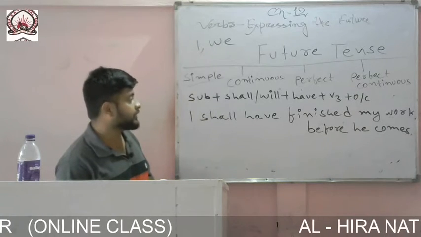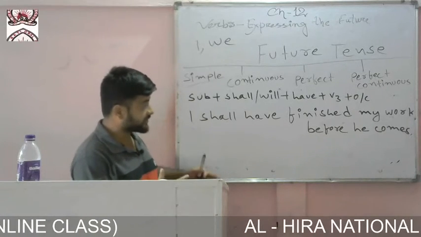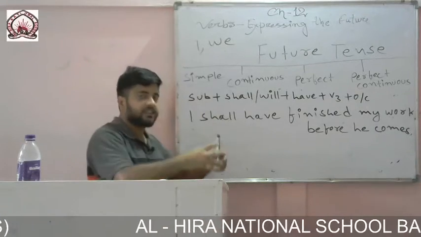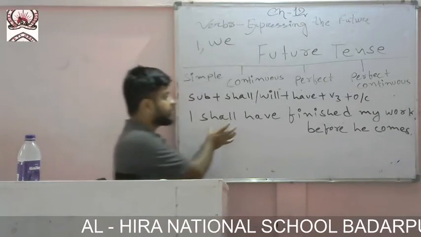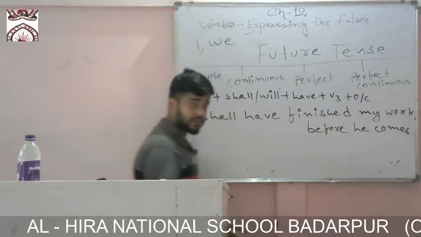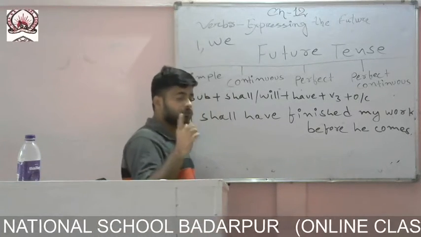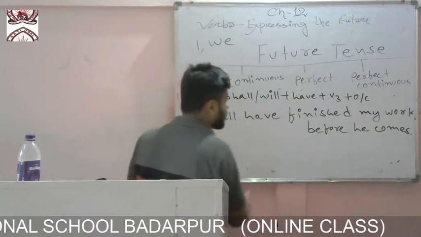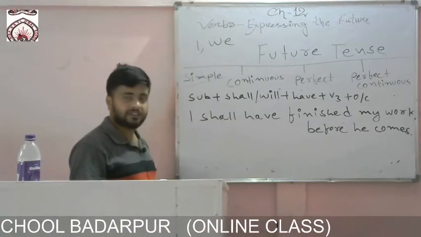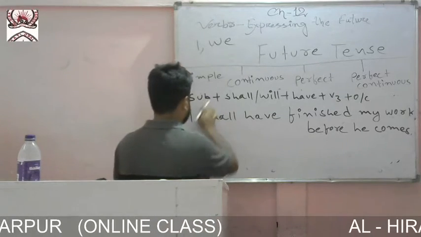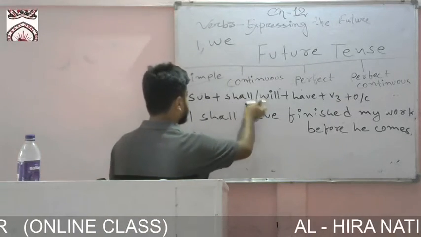I shall have finished my work before he comes. That means before he comes into the scene, I shall have finished my work. That means it will take place first. And the action which will take place first, for this we have to use future perfect. And for the second action, present indefinite. So, if you look at the formation, I is the subject, then shall or will according to the subject.